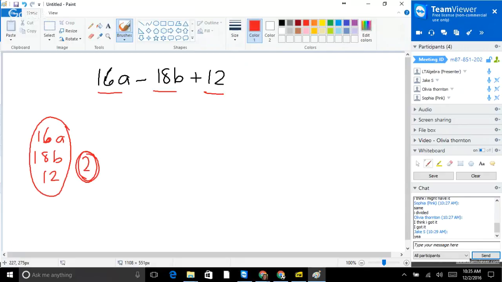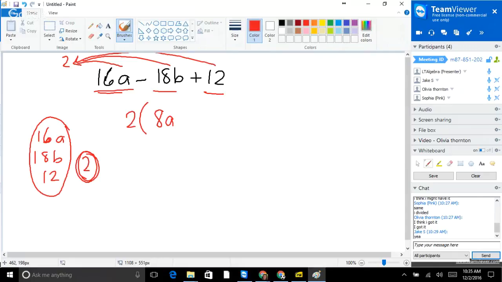Okay, so we're going to pull a 2 out of all of these, and you can pull the 2 either way. So if I pull 2 out of 16a, what do I have left over? It's kind of like a puzzle. I think you said 8a, right, Sophia? You got 8a left over.